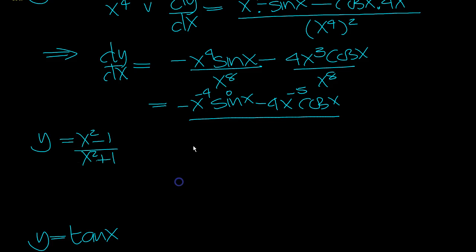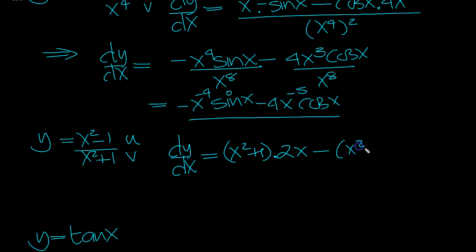Next one. See what we get here. So we've got u over v again. So dy dx: it's v, more than one term, put a bracket, times du, which is 2x, minus u, more than one term, put a bracket, times dv, which is 2x, all over v squared.